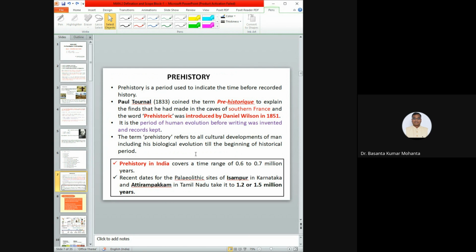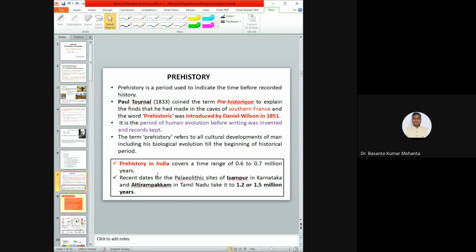So now in the conceptual part, it is also equally important to know the time range of this particular prehistoric time. This time range differs from place to place. Even if we are calling it prehistory, in the Indian context, if we take an example, it used to range from 0.6 to 0.7 million years ago.